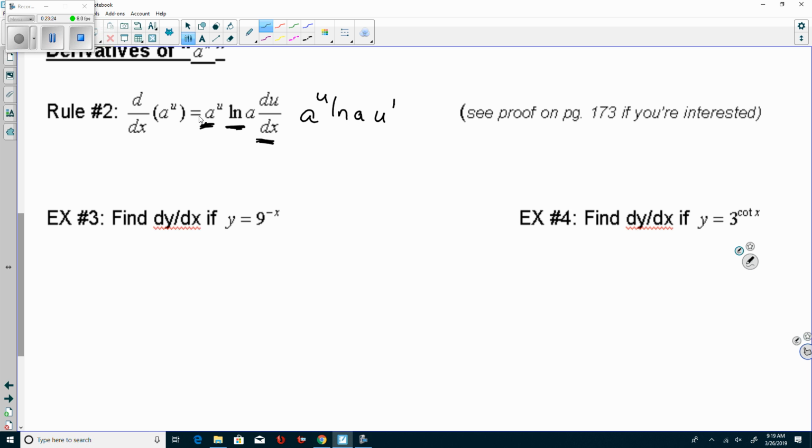Find the derivative if y equals 9 to the negative x. My a is 9, my u is negative x, and my u prime is negative 1.